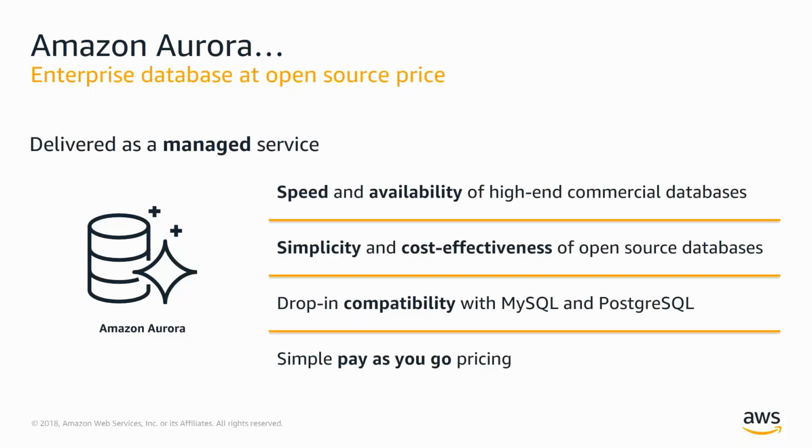With Aurora being built into AWS and part of the cloud, you're able to spin up an Aurora cluster in a matter of minutes, use it for as long as you like, and then with no risk, you can simply terminate that cluster as you see fit, and you only pay for the time and the resources that you have consumed.